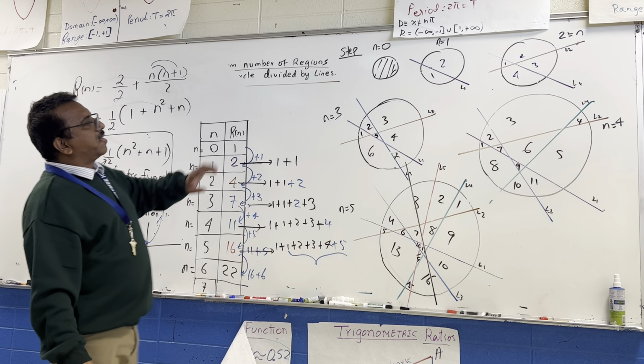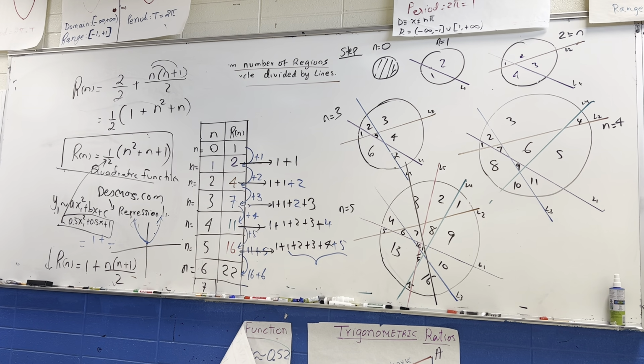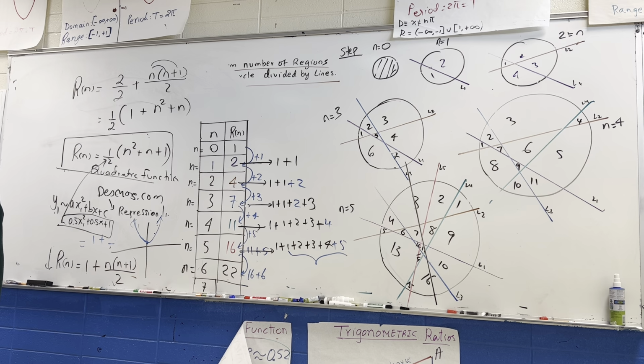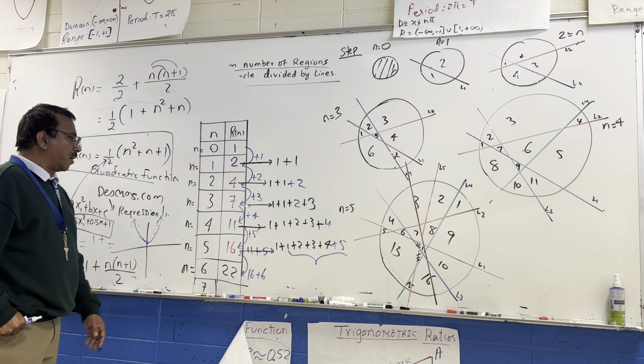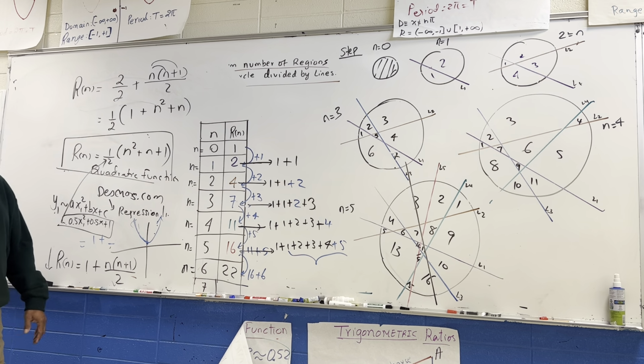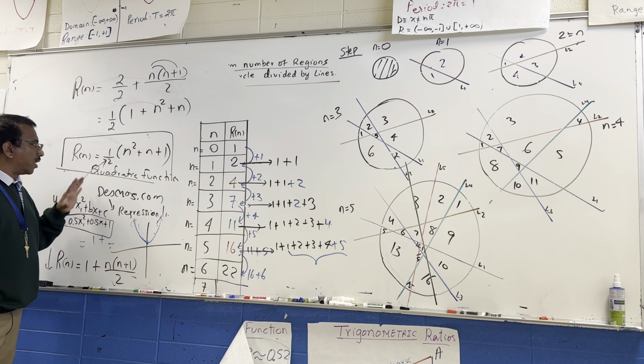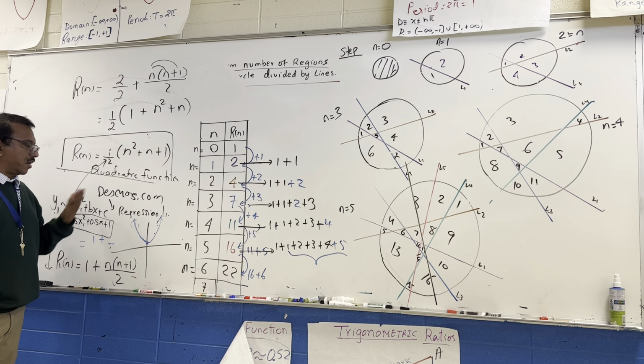I hope this makes sense. I'm ending this video by just wanting to show how nice it is to see that the maximum number of regions that lines can split the circle into connects to a sequence of numbers, and that sequence we can write in two different ways, as a recursive definition and as the explicit formula, and we can graph it.